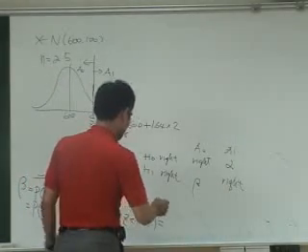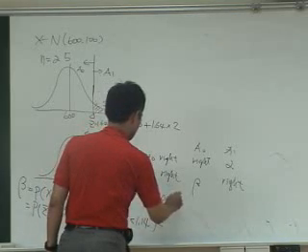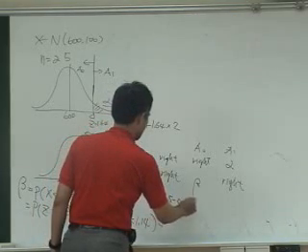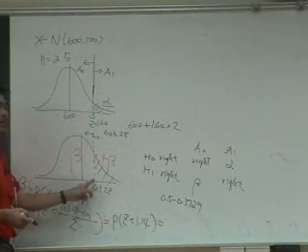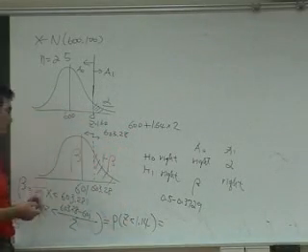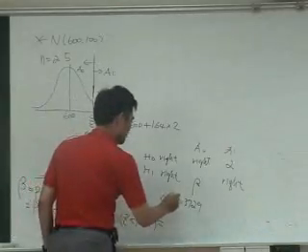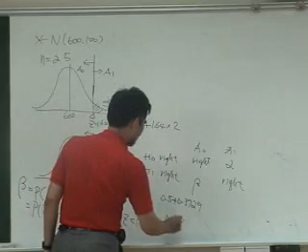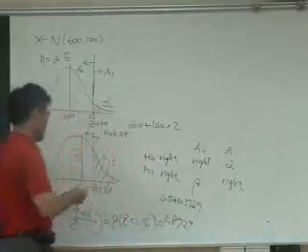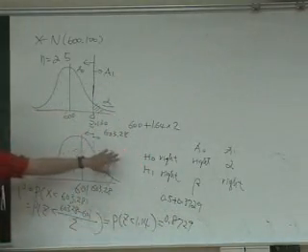Are you sure? Because you are talking about from here to here and also this part, right? So it should be 0.5 plus that, so that is 0.8729.